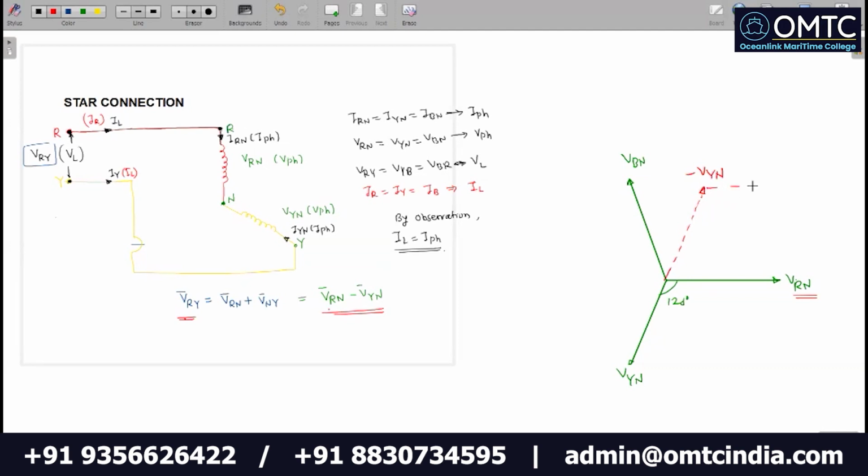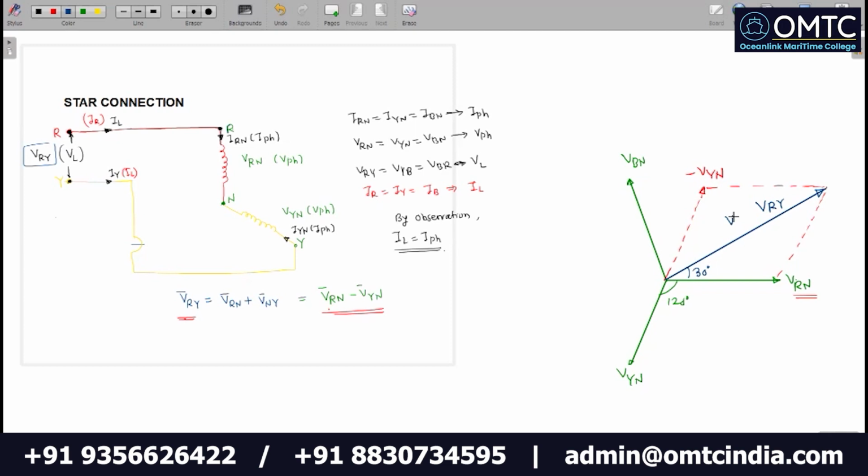If I draw a parallelogram over here, I will get the resultant voltage value here. This is VRY, voltage between R and Y, and this angle is 30 degrees over here.